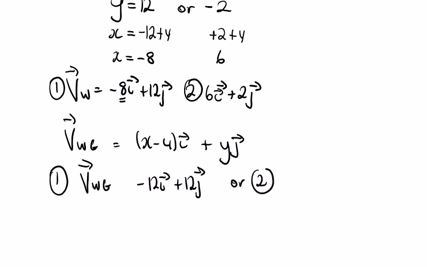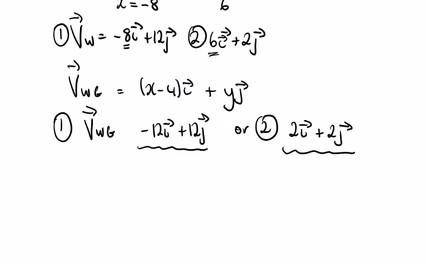Or number 2, x was 6, so we're going to get 6 minus 4, which is 2i plus 2j. So these are my two potential solutions. So which one is right? So minus plus is going in this direction. That's number 1. And number 2, plus plus, is going in this direction. That's my second solution. So what have we been told?